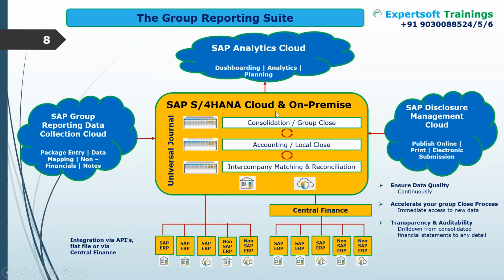Within that, we know the accounting or local close happens at the universal journal level, which is nothing but AC Doc A, and as FICO consultants we are already familiar with this table. But apart from that, we are going to work on the new table called AC Docu, the group accounting table or consolidation table, and the group close.